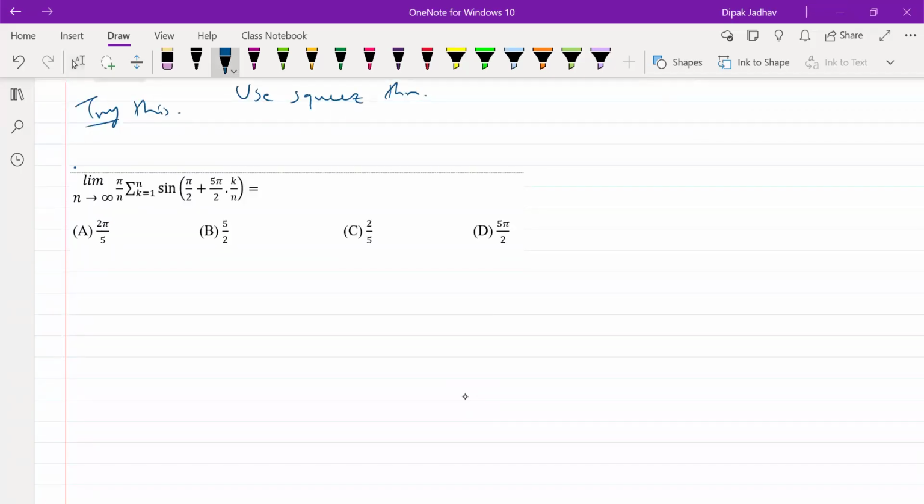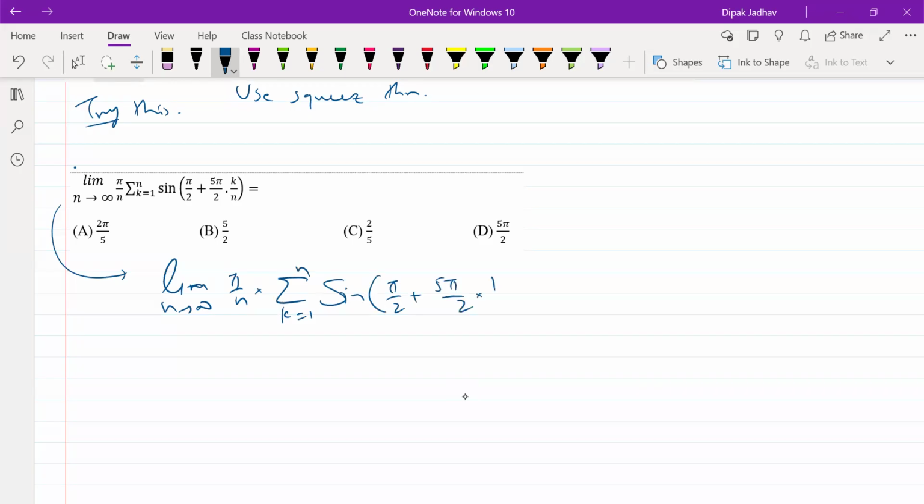So this limit, n tends to infinity, pi by n into summation k from 1 to n sine of pi by 2 plus pi by 2 into k by n. There's already a term involved in the form of k by n, and there's already 1 by n here.